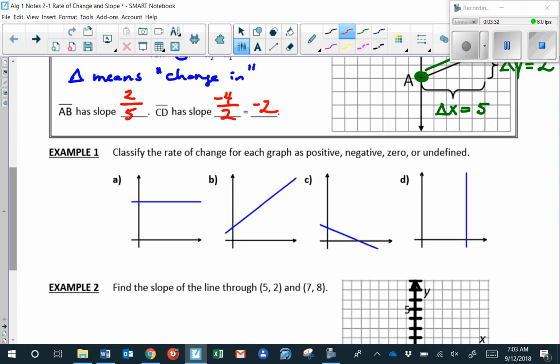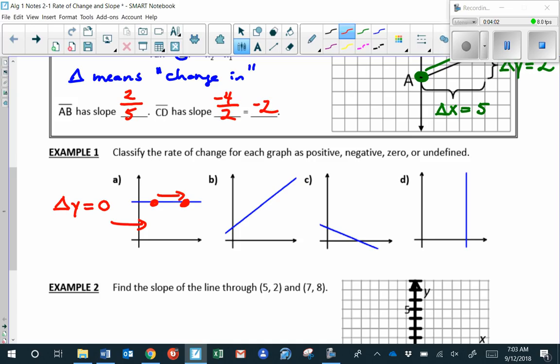All right, we are going to classify each rate of change as positive, negative, 0, or undefined. So, for instance, in part A, let's think about rise and run. For A, between 2 points, our delta y is what kind of number? 0. There is no rise.